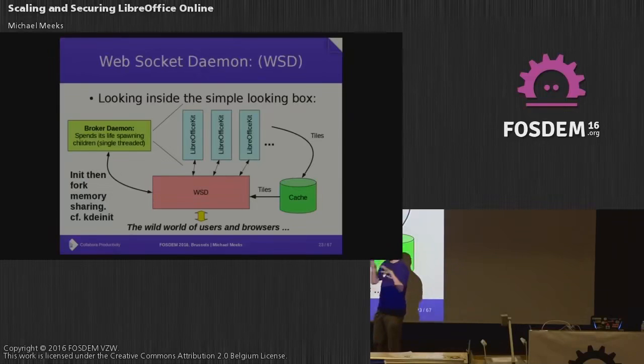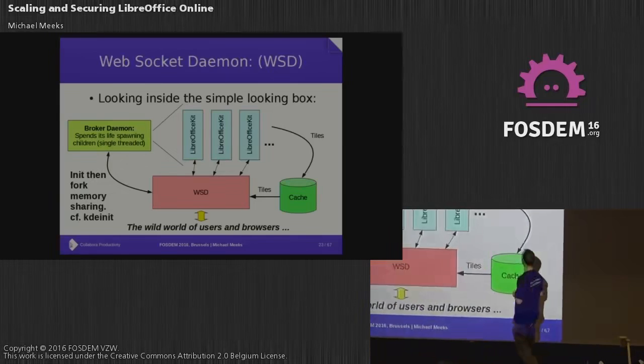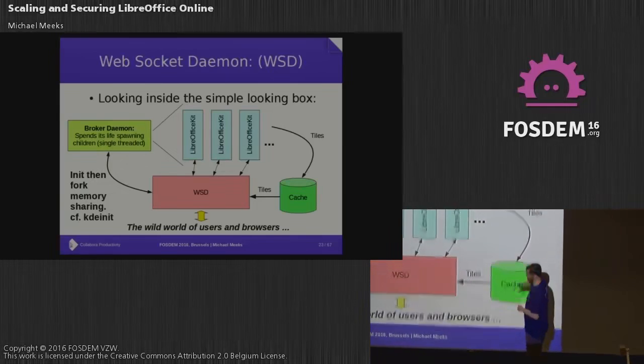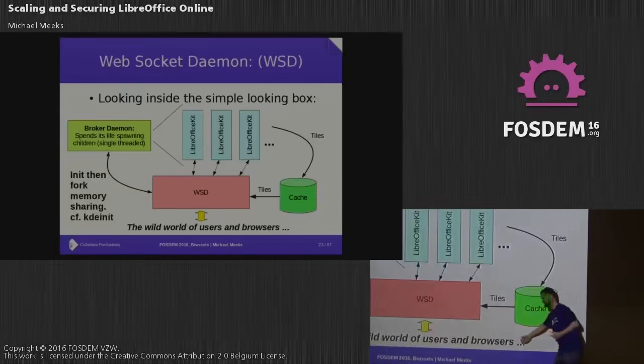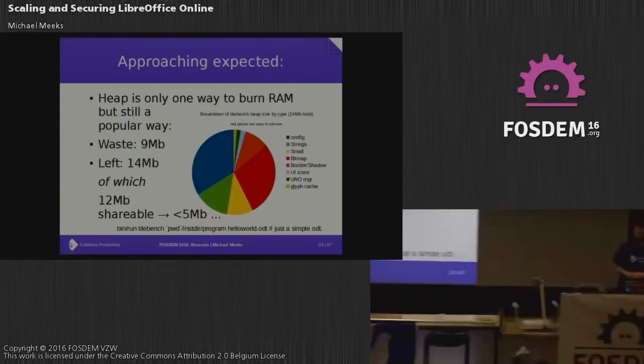So it comes up and initializes lots of things and stashes all of that hard work away so that you don't then need to take the CPU time and worse, the RAM in each of these processes. And we'll look at some of that in a second. And you have all of these LibreOffice Kit processes here sitting around, entombed in a jail, a chroot jail. And they make tiles which are then served out to the wild world down here, which is great.